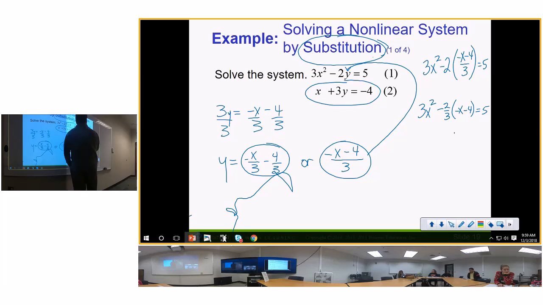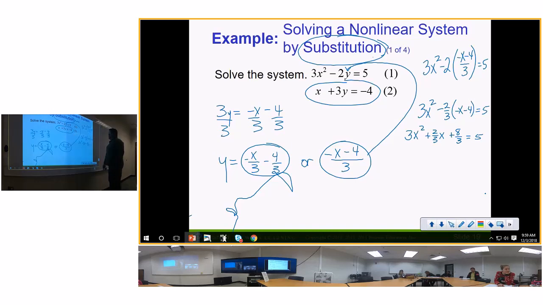I just put it out here. Now I'm going to distribute it. 3x squared is minus, it's going to be plus 2/3 x plus 8/3 is equal to 5.